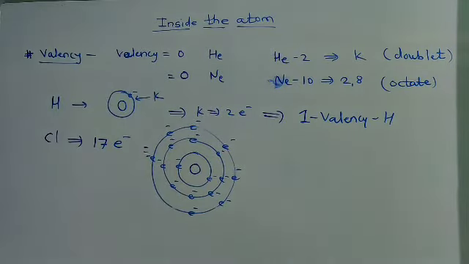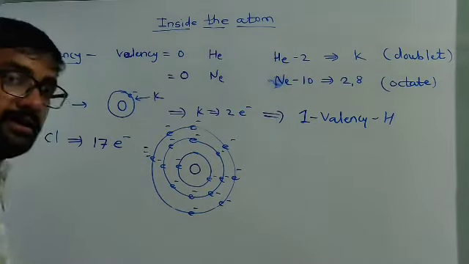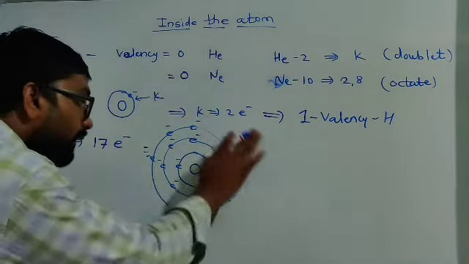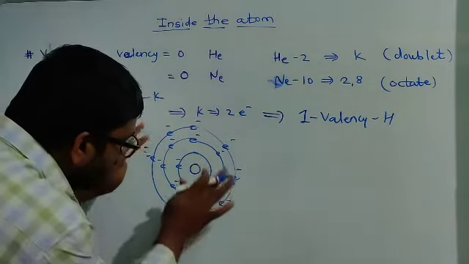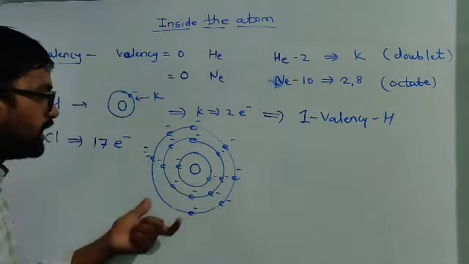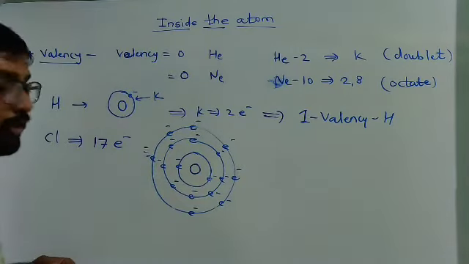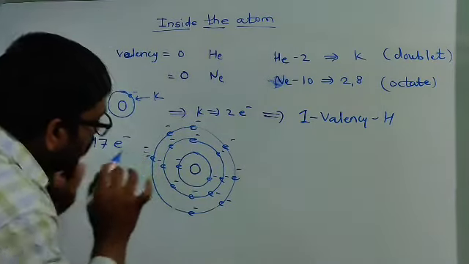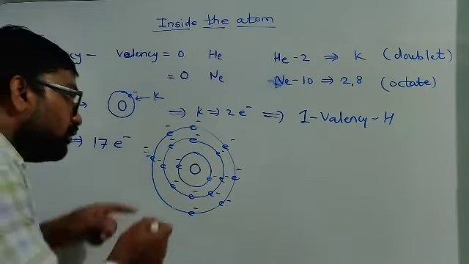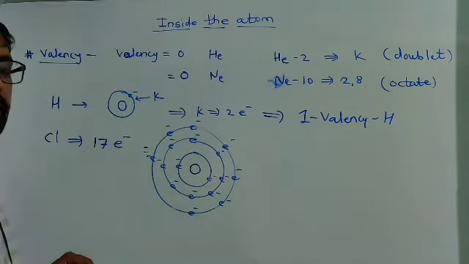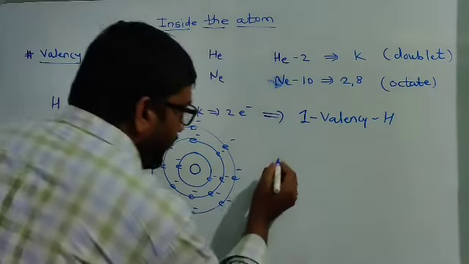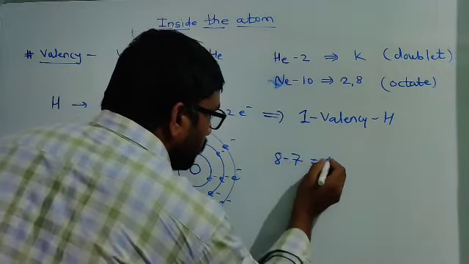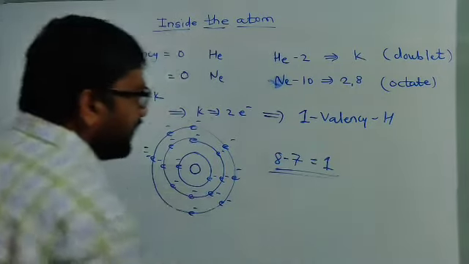To find the valency we need only the valence shell, meaning the outermost shell. In the outermost shell, how many electrons are there? Only 7 electrons. So to complete its octet, how many electrons do we require now? 8 minus 7, 1 electron we require.